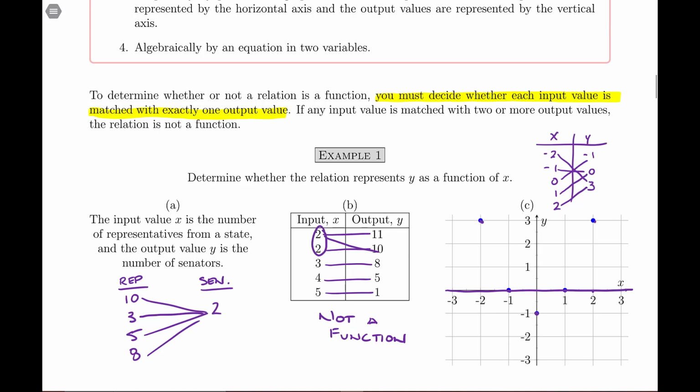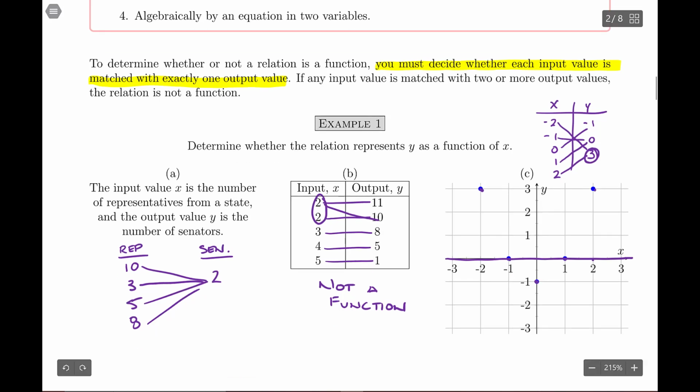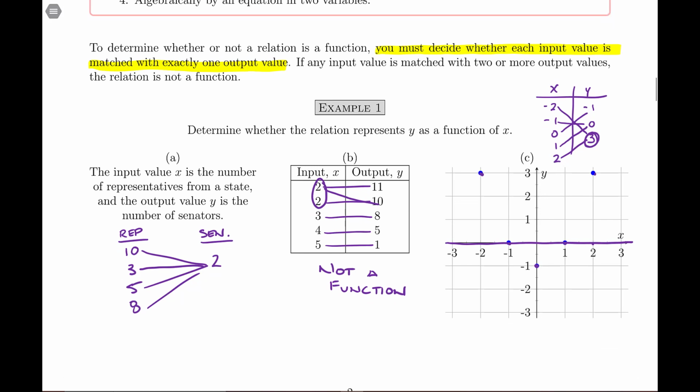Okay, so in each input, there's only one line coming from that map over to the outputs. We can have multiple lines lining up with a single output, just not the other way around. We can't have multiple lines in a map lining up with a single input. So this graph does represent a function.